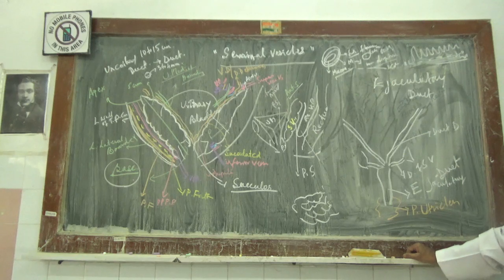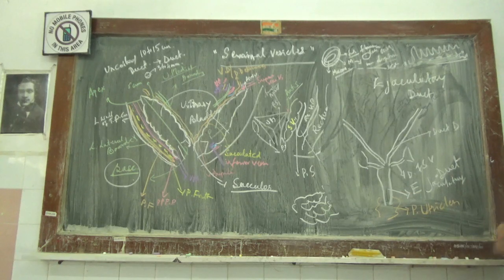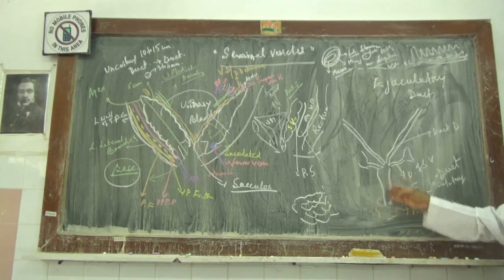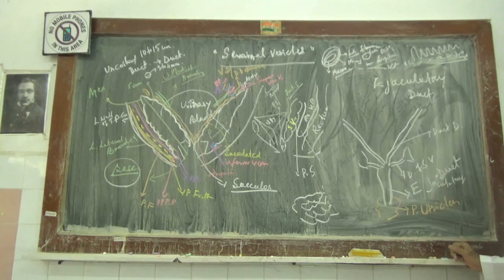This mucosal layer consists of columnar type of epithelium. So this is the histology of the ejaculatory duct.